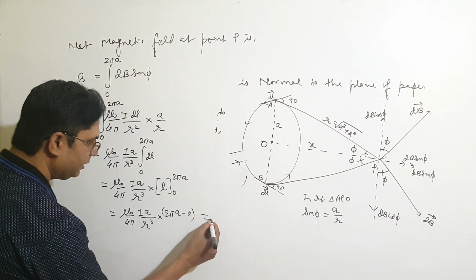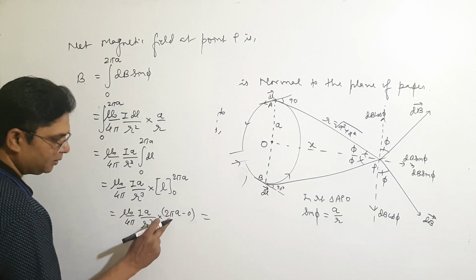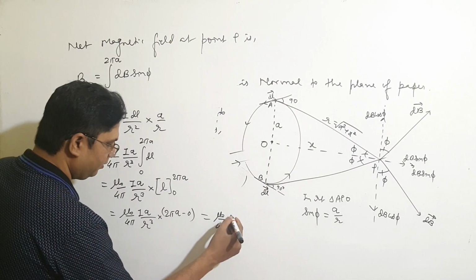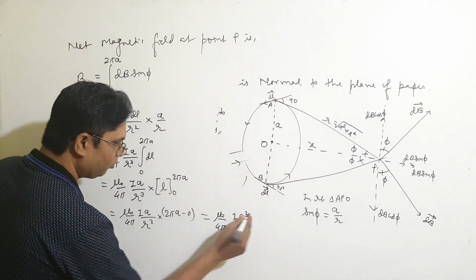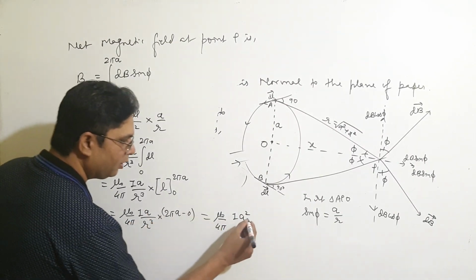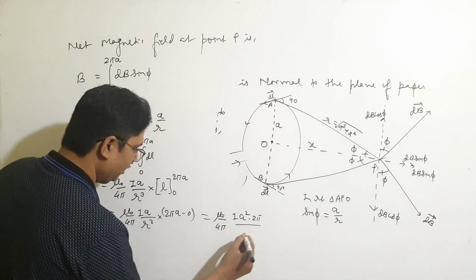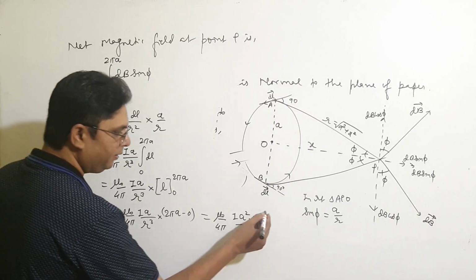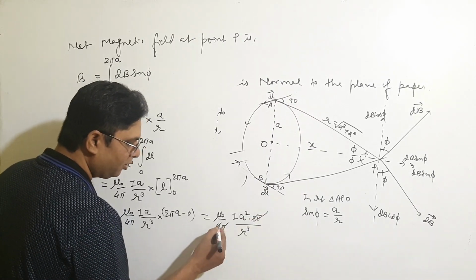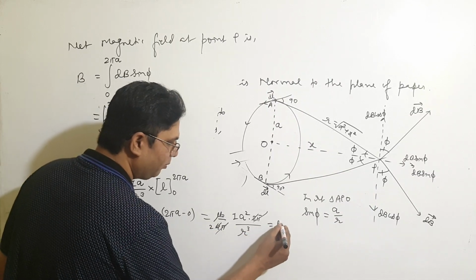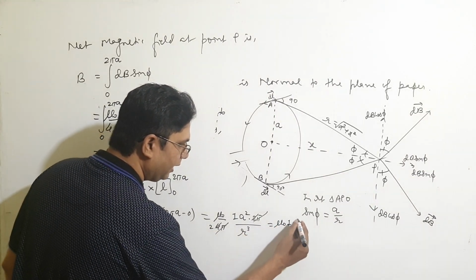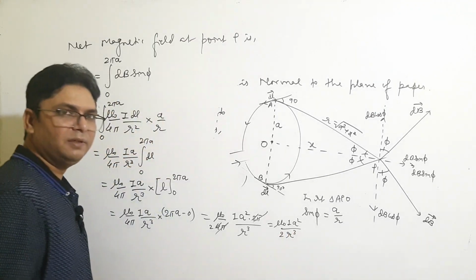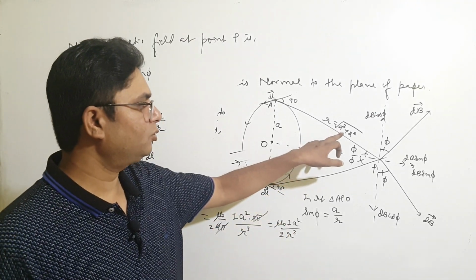So you can write mu naught upon 4 pi, I a square into 2 pi upon r cube. Let us cancel the common terms, pi, and this 2 will cancel out, you get 2 here. So you get mu naught I a square upon 2 r cube. What is the value of r? The value of r is the square root of a square plus x square.